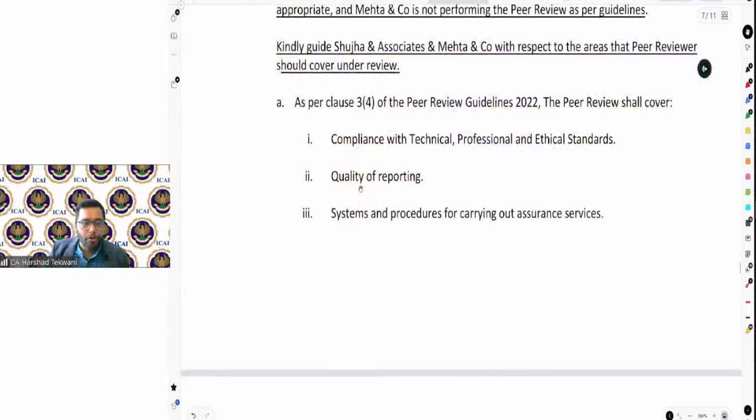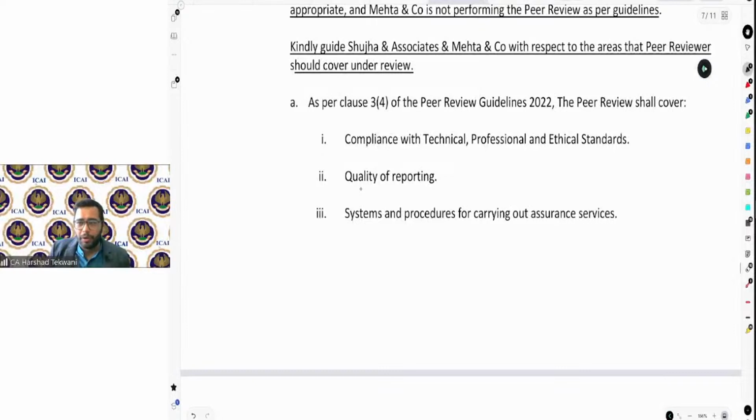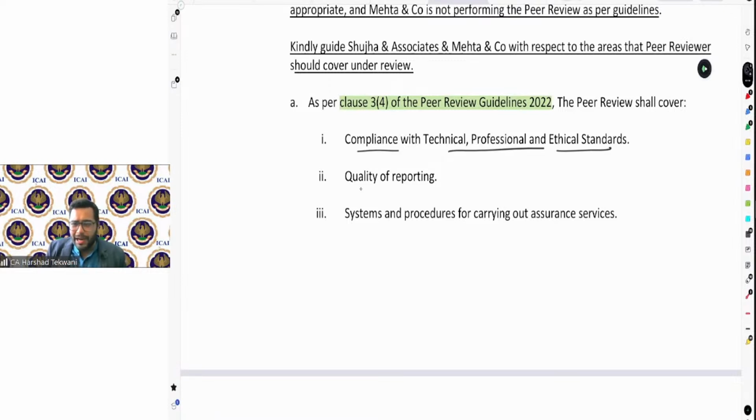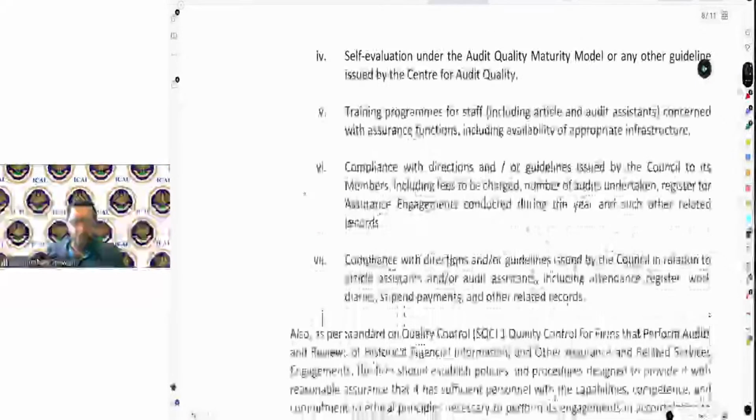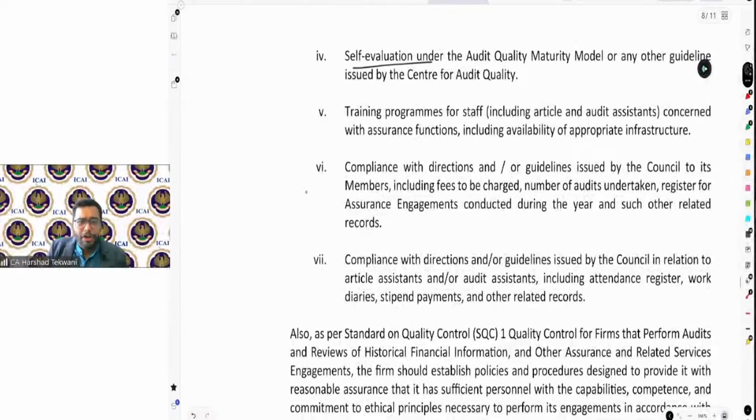Also, if you see clause 3.4 of the peer review guidelines, it talks about the scope of the peer review, the areas that are required to be covered under peer review. That includes compliance with the technical, professional, ethical standards, including SQC1, quality of reporting, systems and procedures for carrying out assurance services, and self-evaluation under the audit quality maturity model.